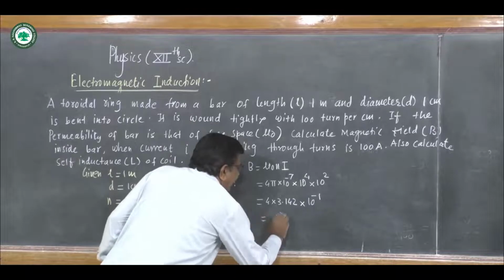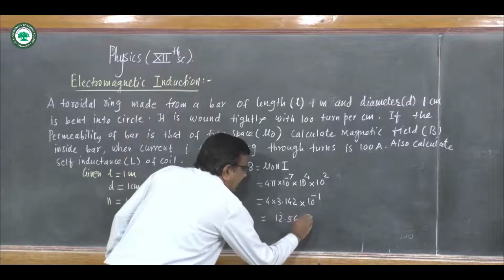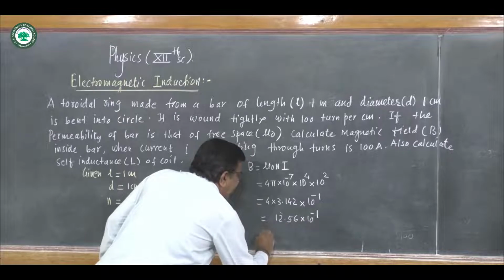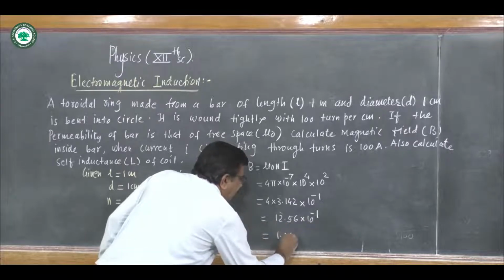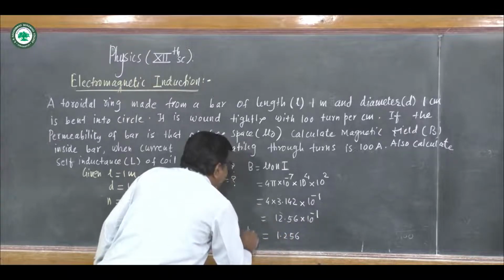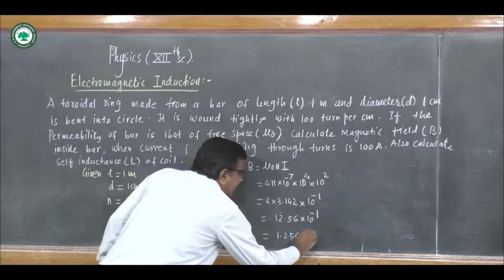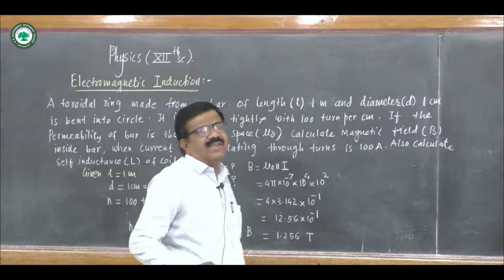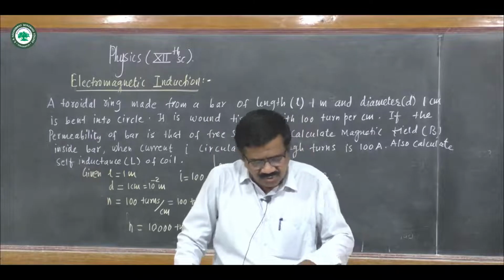That is 12.56 into 10 raised to minus 1, or it is 1.256, and as this is B, its unit is Tesla or Weber per meter square. Our first answer is 1.256 Tesla.